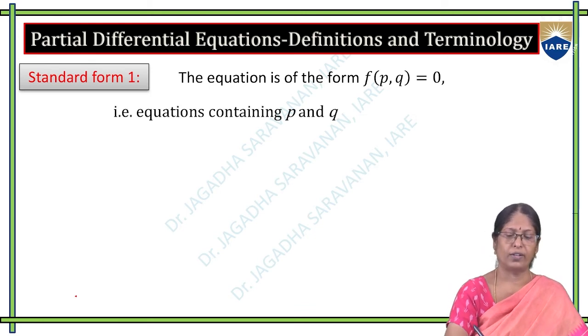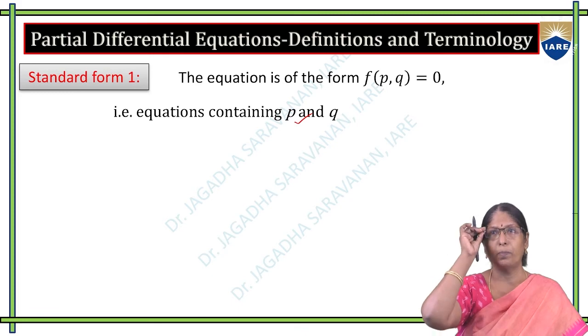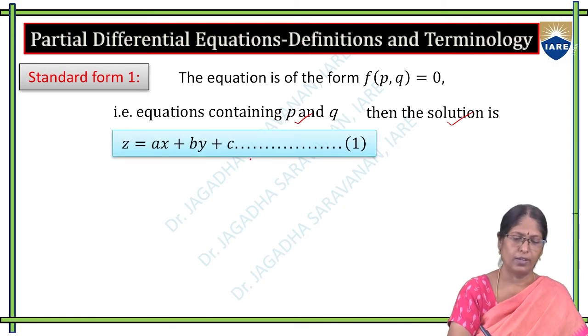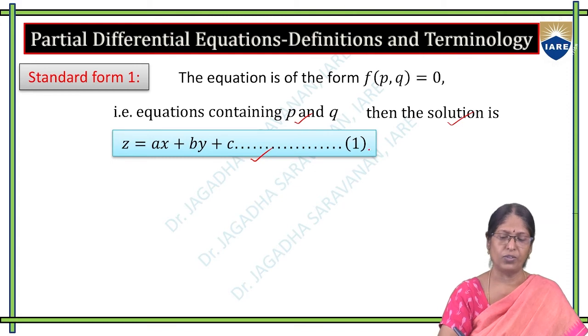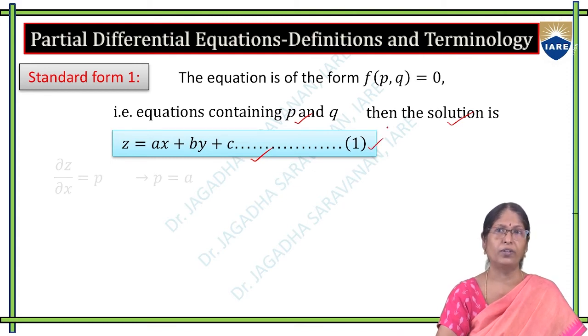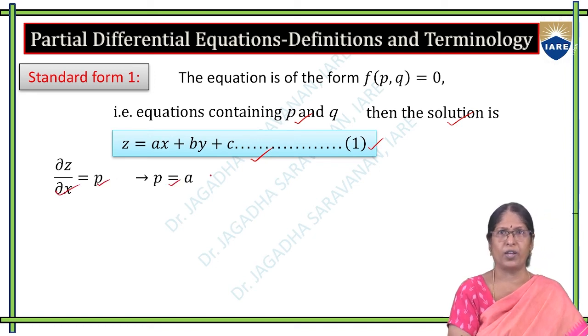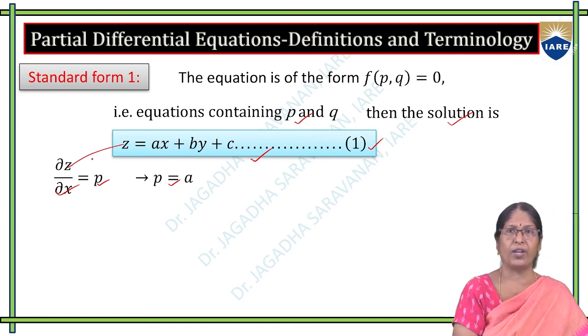So first, what is written here is that the equations have only p and q. Then the solution is z equal to ax plus by plus c, where we have taken 1. Del z by del x equals p, so p equal to a. This we are understanding; this del z by del x, partially we have done it.